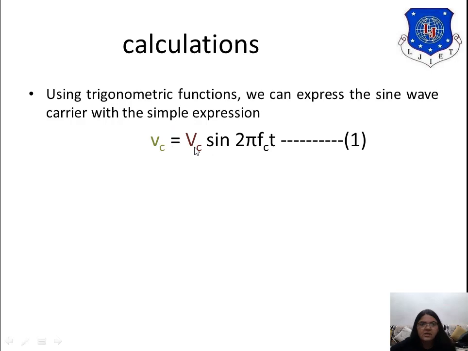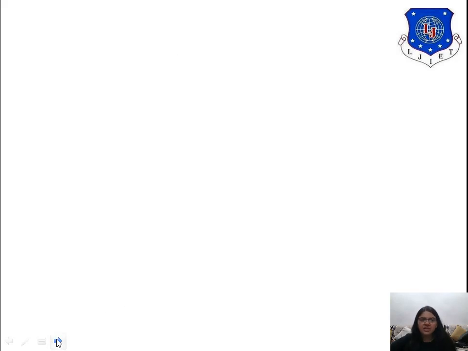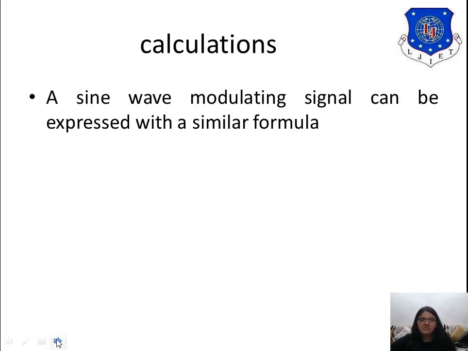Fm is the modulating frequency. Now another thing: for getting proper modulation, always the Vm value, the amplitude of the modulating signal, is less than the amplitude of the carrier signal.